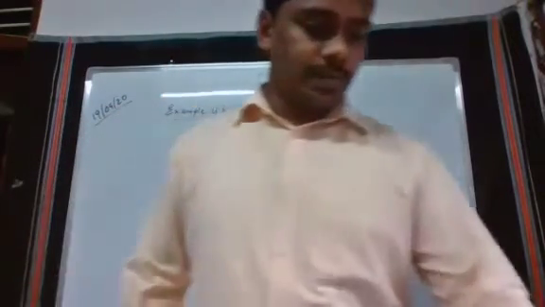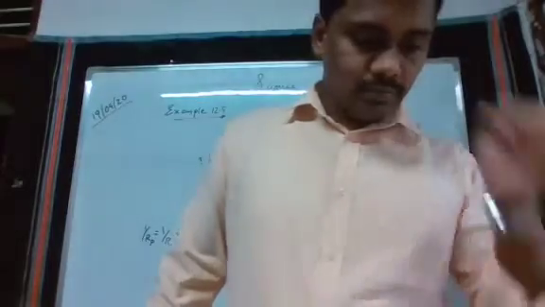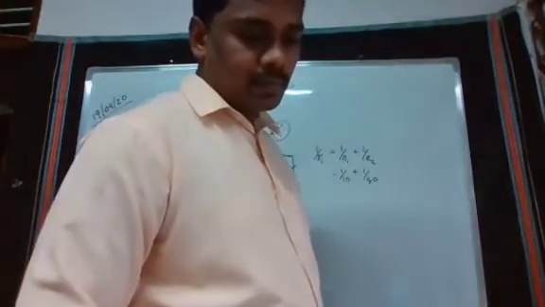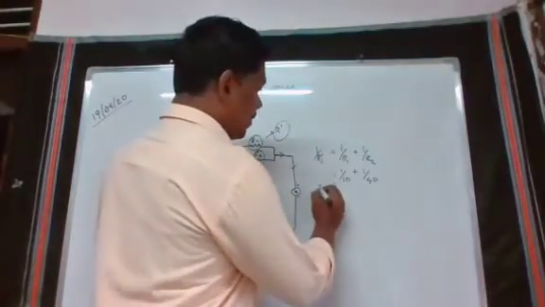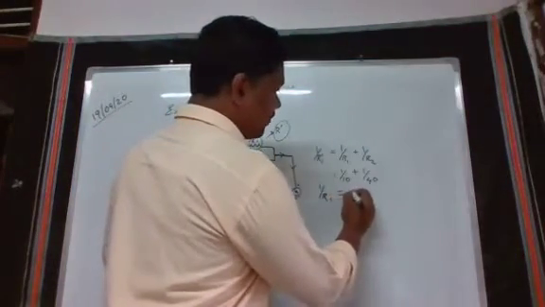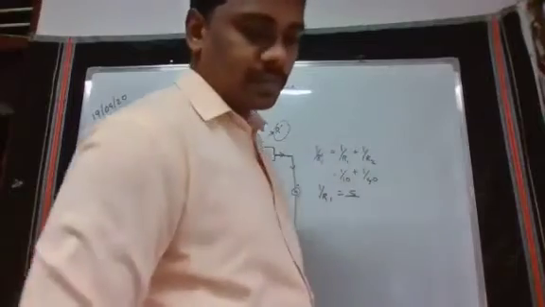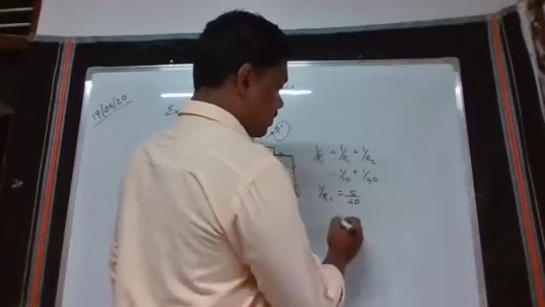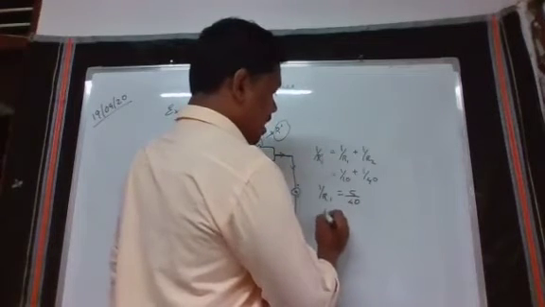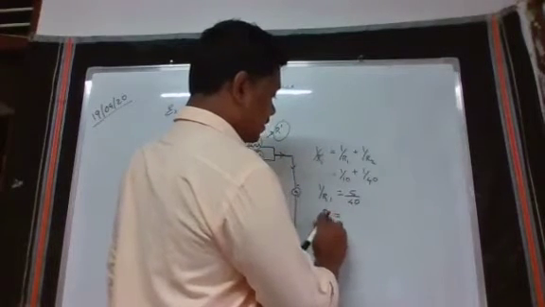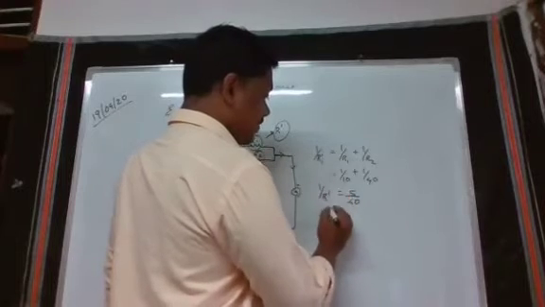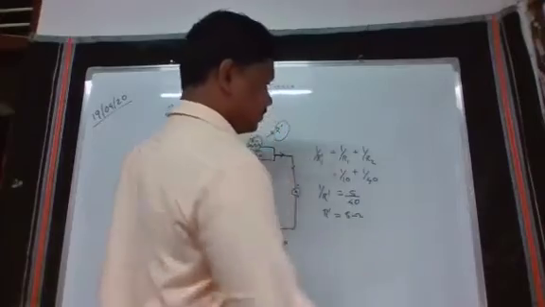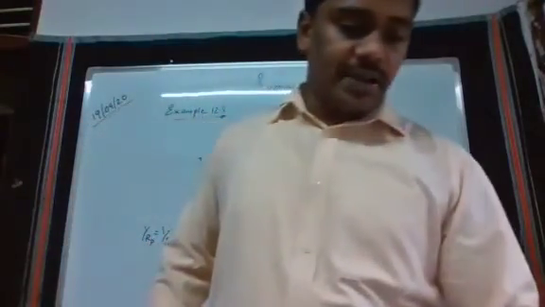So we will get 1 by R dash is equal to 5 by 40. Then R dash is equal to 8 ohm. Okay, we will get 8 ohm.